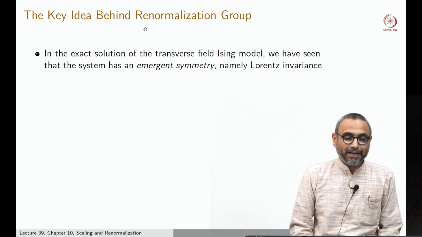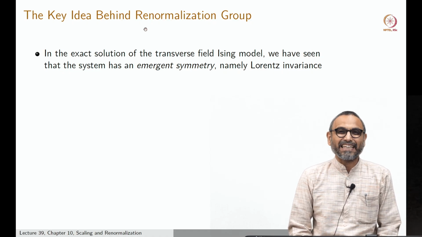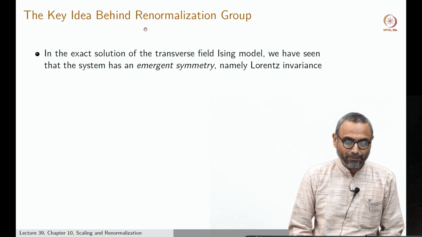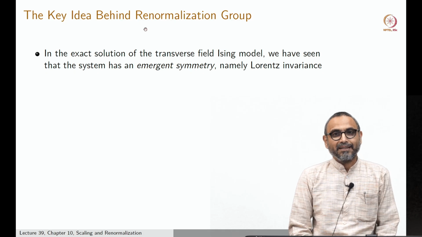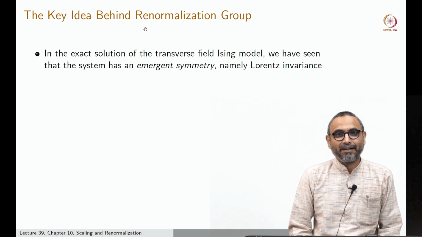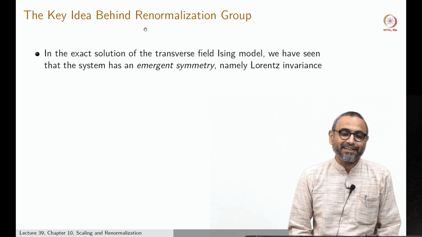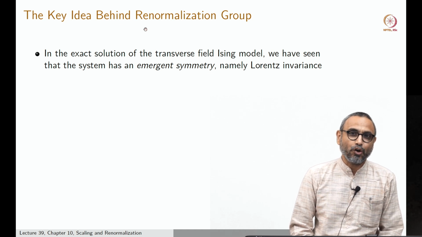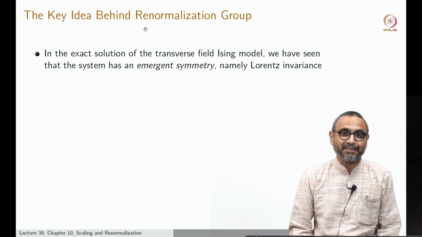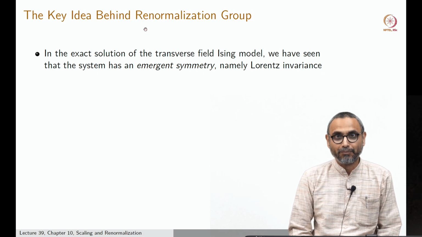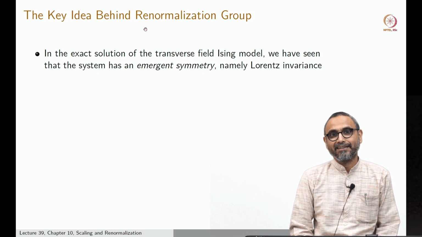Let us begin by understanding what is the key idea behind the renormalization group. To do this, I will ask you to recall what we observed when we solved the one-dimensional transverse field Ising model, the quantum model for its ground state.